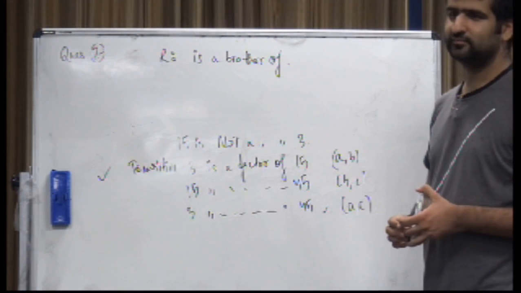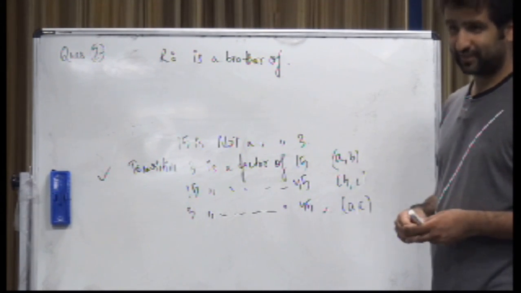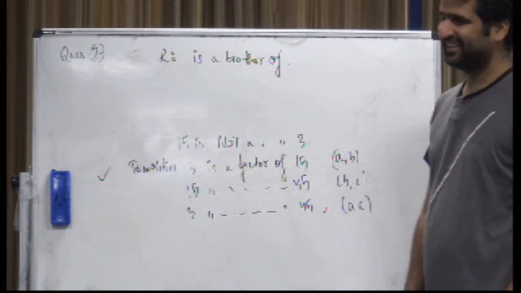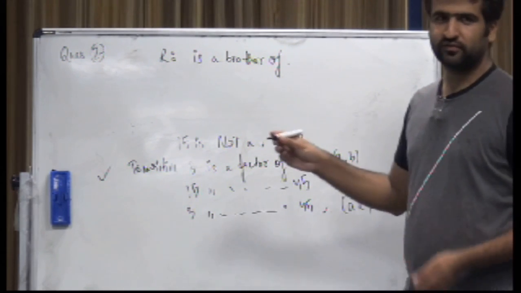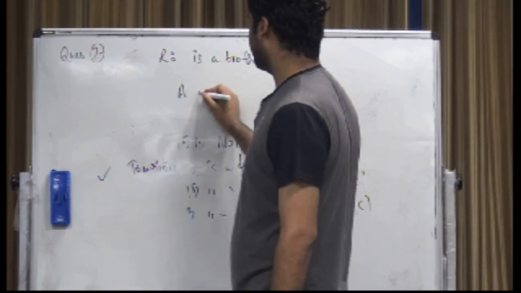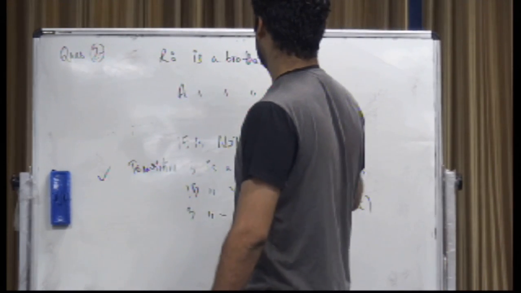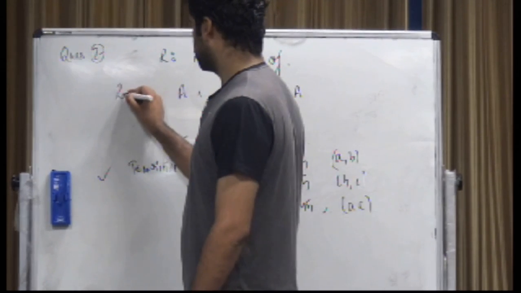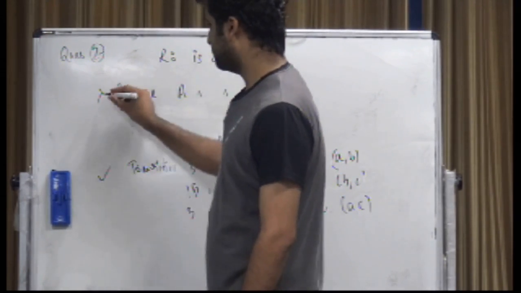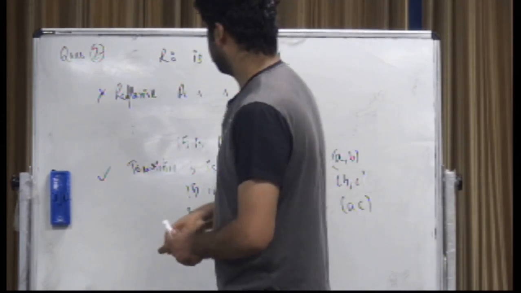No. A is a brother of A? Not reflexive. This is not reflexive because we cannot say that A is a brother of A. This does not make any sense. So the reflexive property is out of the picture.